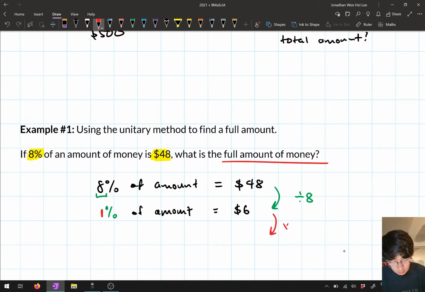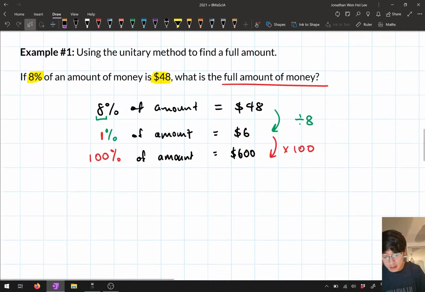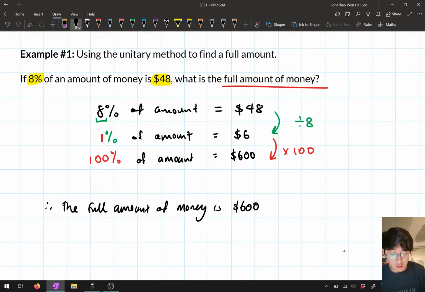So I'm going to multiply by 100, and that gives me 100% of amount on this side. And that's equal to, well, I just multiply the right hand side by 100. So here that gives me $600. And so I can just say here, therefore, the full amount of money is $600.